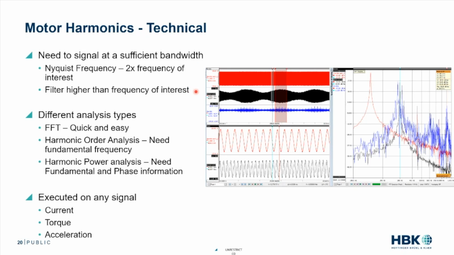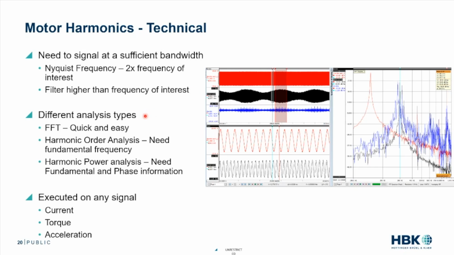So we need to make sure that our frequency of interest has a sufficient sampling rate and then filters above that frequency of interest, because we need to do things like anti-aliasing and signal conditioning. You need to really understand what the bandwidth of your amplifiers are. Just because your sample rate is super high does not mean you're going to catch the signals of interest. You could filter it away. So you need to check both your sample rate and your filters.